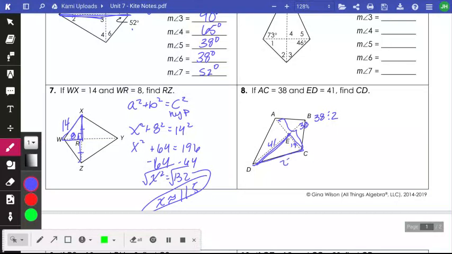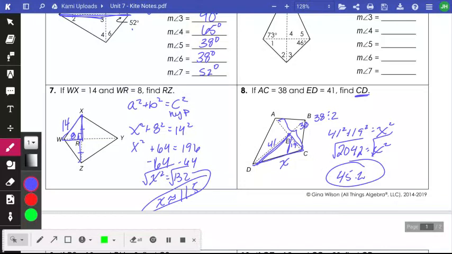Okay, so what we're missing and we're asked to find is CD, and it'll be X, and that's our hypotenuse because it's opposite that right angle. So we will do 41 squared plus 19 squared is equal to X squared. So X can be in different parts. If you do 19 squared and 41 squared, and add them, you're going to get 2042 is equal to X squared. You will square root both sides, and you'll get approximately 45.2 for CD.